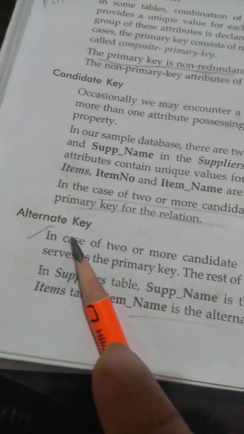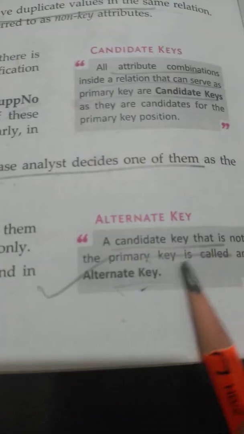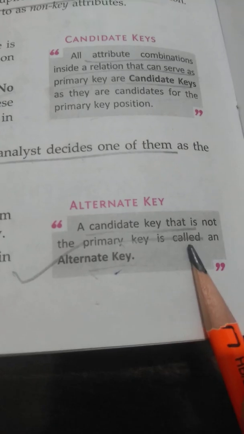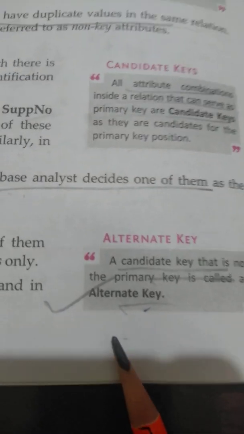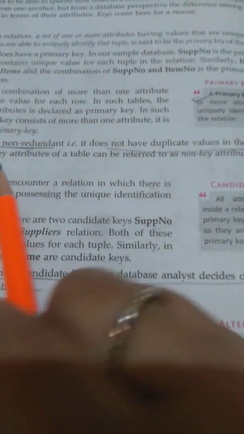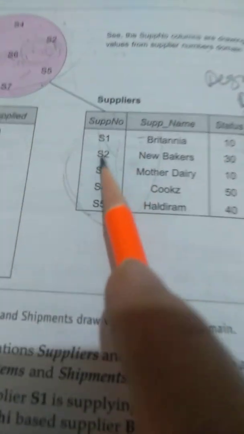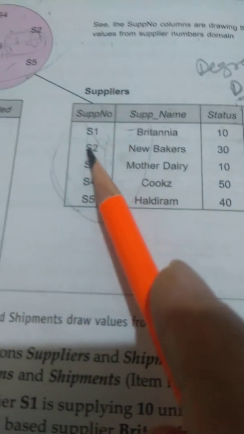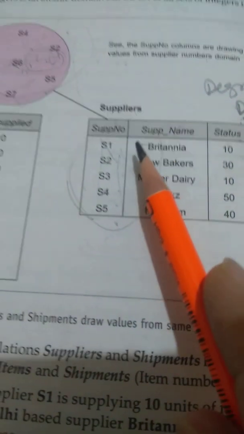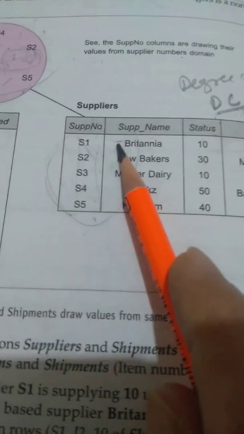Okay, now next is alternate key. A candidate key that is not the primary key is called an alternate key. Means in this case, in the supplier relation table we have supplier number and supplier name, both providing unique records.